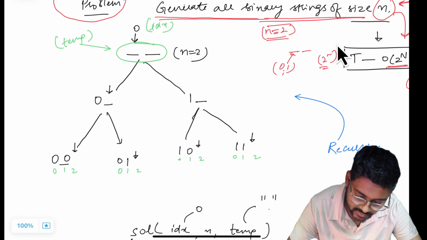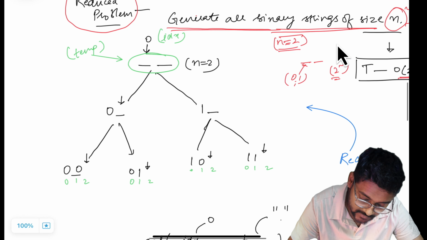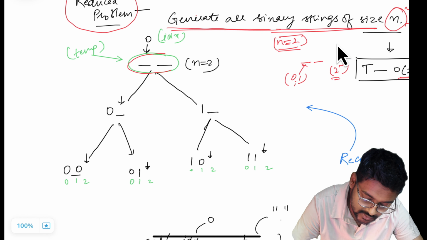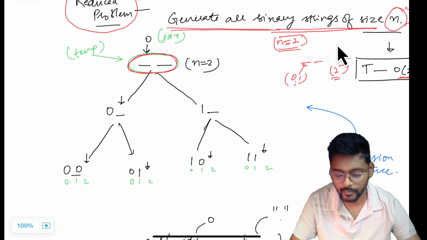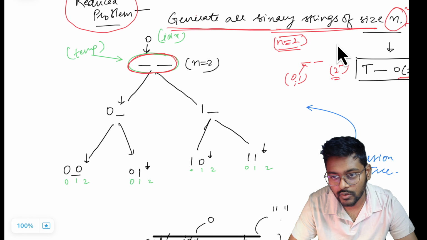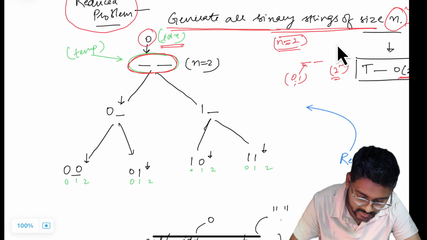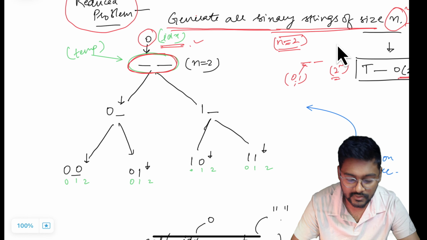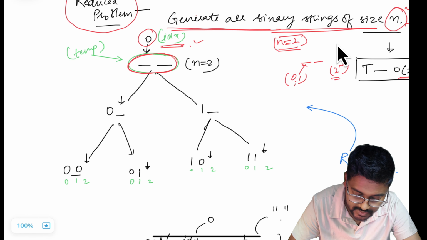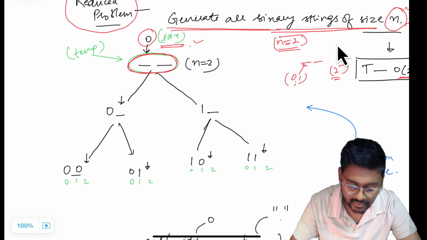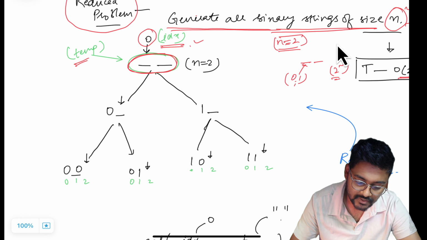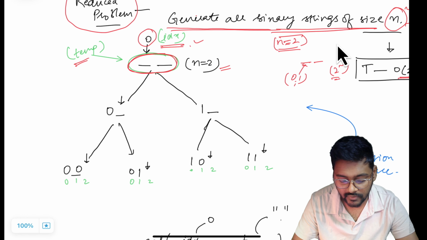So if we start creating that, we are initially starting with two positions, and we have to fill those 2 positions starting from index 0. That index I can take as the idx variable, and the string that is going to be formed I'm considering as a temporary string, and the value of n is already given.